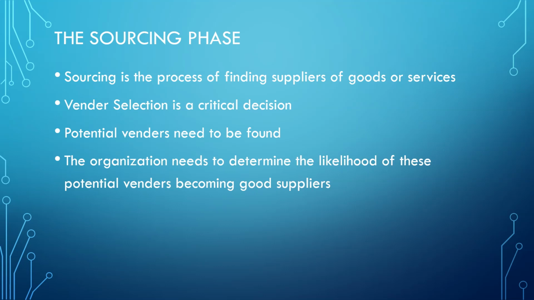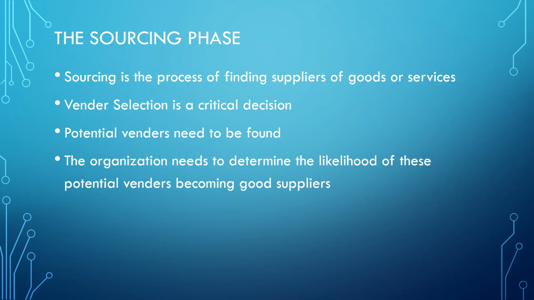Once the plan is developed, the company can start sourcing, which is the process of finding suppliers of goods and services. Selecting a vendor is a very critical decision. The quality of the company's performance and the quality of the product will depend on the selected vendor.